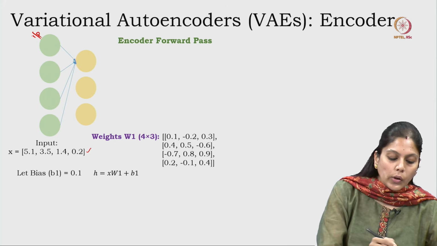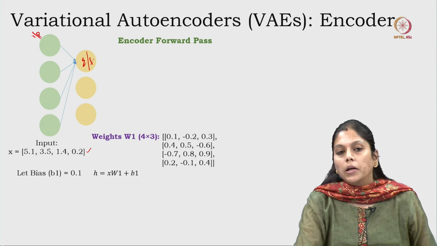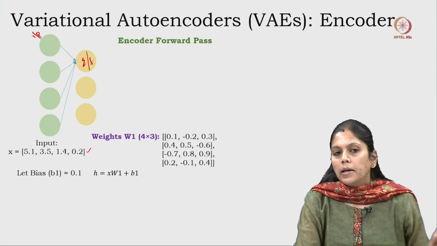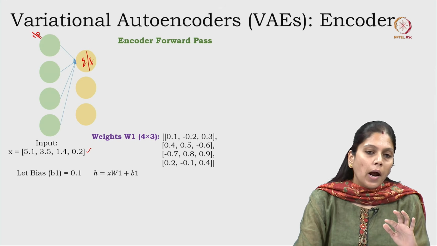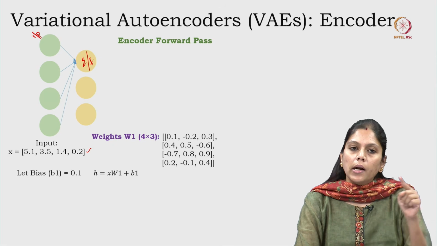So what exactly is going to happen? Here there will be a summation and we will have an activation. For the summation to happen, the input gets multiplied with the weights, and then we add the bias term. How many connections are there?